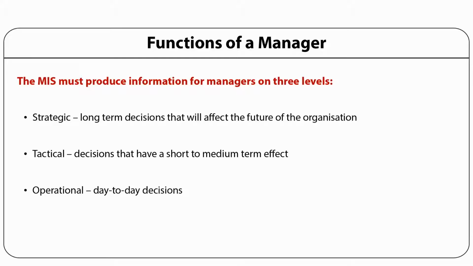So this level requires only the kind of information that can help them to take decisions on day-to-day basis. So therefore, these managers can only take day-to-day decisions, so they require information which can provide immediate solution to a particular problem.